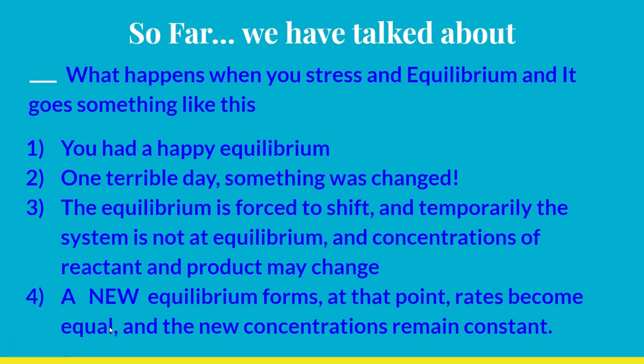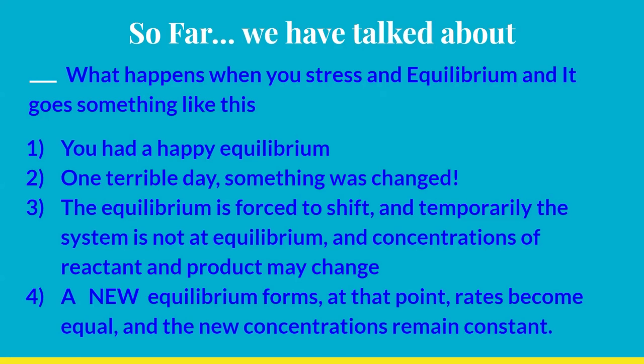Okay, and then the concentrations of your reactants and your products might actually change. So the concentrations can change in an equilibrium system. They're not going to stay constant if you're stressing the equilibrium. If a question says the system is at equilibrium, the concentrations are going to stay constant. But when you're applying Le Chatelier's principle, you are assuming that you are messing with this equilibrium, so you are in a period of it having to adjust.